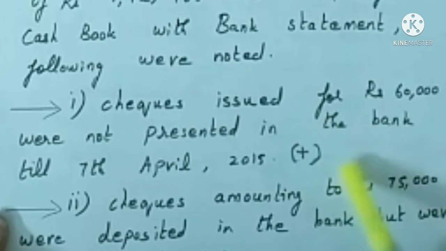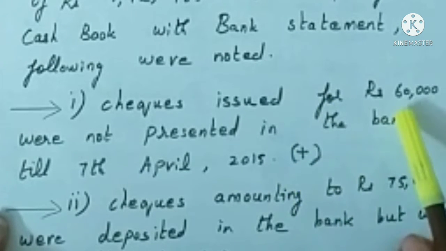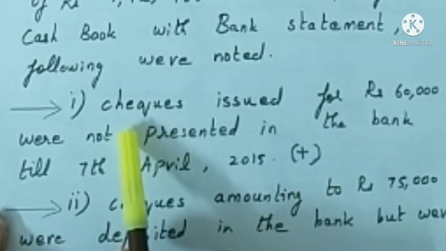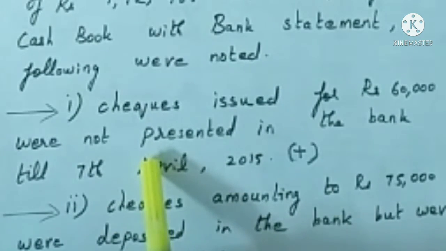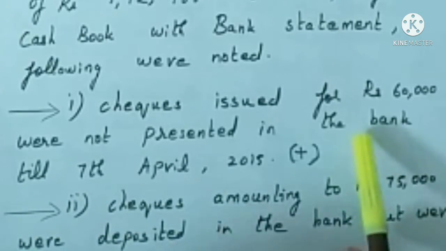We have to end up with the passbook balance. So what is happening for the passbook? It is increasing. We have to add this rupees 60,000 in order for the cash book balance and the passbook balance to agree. The cash book has recorded, but the passbook hasn't recorded. Because of that, the passbook balance has increased.